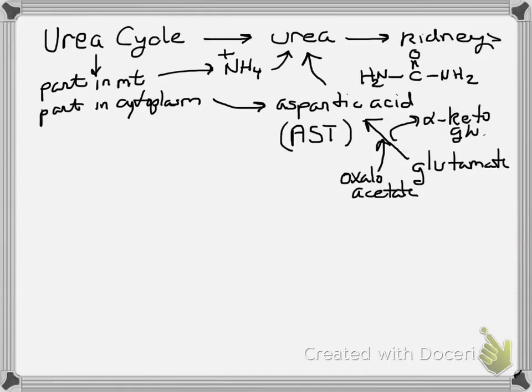This reaction happens in the mitochondria, because we have a lot of glutamate in the mitochondria. The aspartic acid then comes out of the mitochondria and into the cytoplasm to contribute that second amine into forming urea.